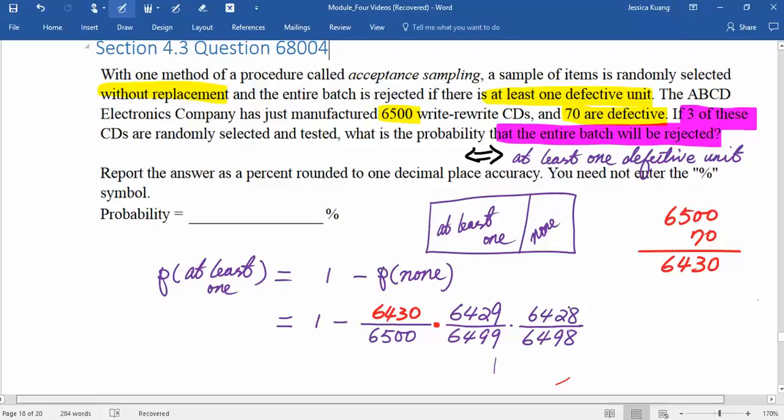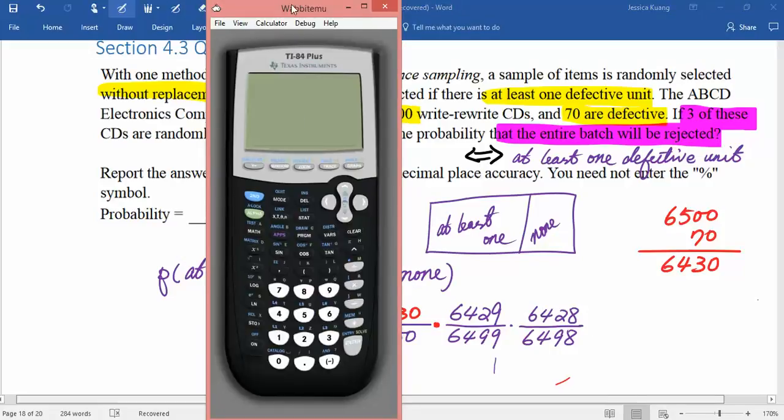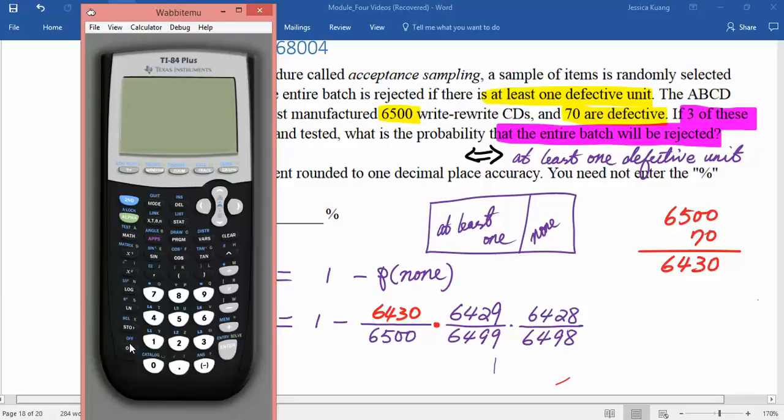So from this point, all you have to do is enter this expression into your graphing calculator. So let's try that. 1 minus, I'm going to go ahead and type 6430 times 6429 times 6428 divided by, and I'm going to put parentheses around my denominator so the calculation can be carried out correctly.